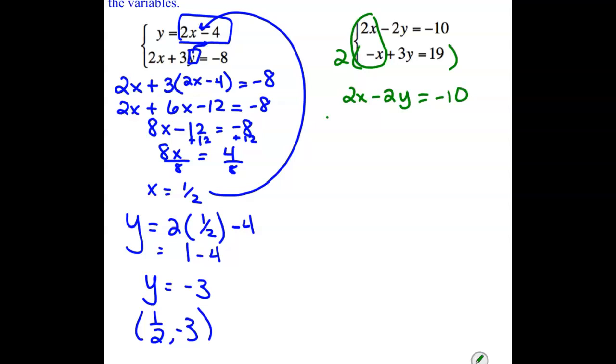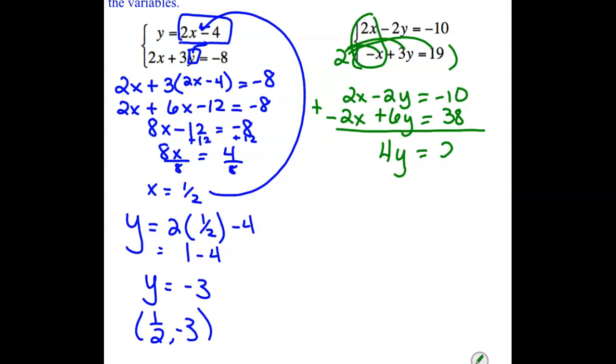The second equation would be negative 2x plus 6y, and 2 times 19 would be 38. Now when we add them together, our x's drop out, our y's end up being 4 of them, negative 2 plus 6 is 4, and adding 38 with the negative 10 is 28. So when we divide out our 4 now, we know y has to be 7.